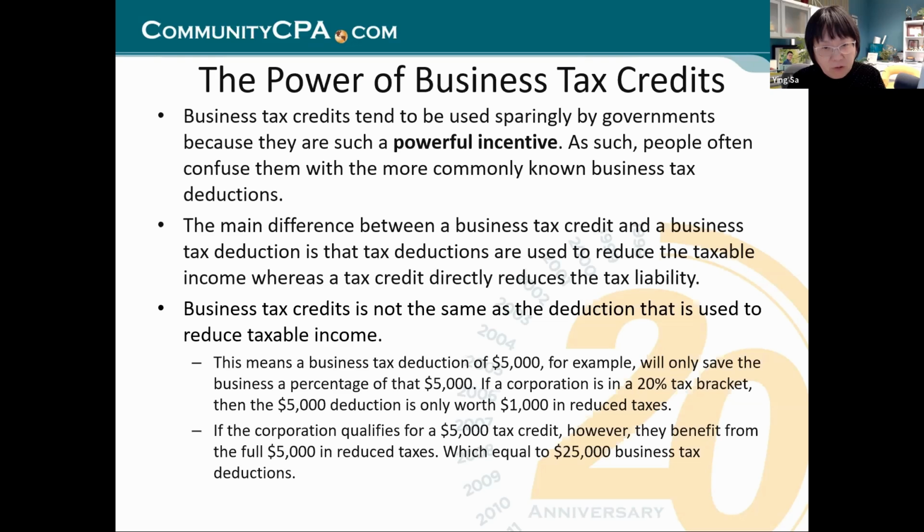If you convert that into a tax deduction, a $25,000 tax deduction would equal a $5,000 tax credit. In this formula, I was assuming your tax rate is 20%. So are you following me?